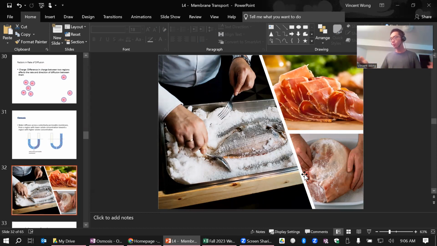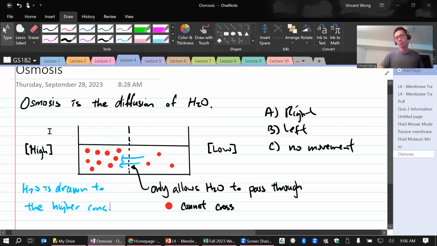Yeah, it removes the excess water, exactly, right? And without water, bacteria is not going to grow, right? So when you put them in salt, it sucks out all the moisture. So that's what osmosis is. Water is going to move towards the saltier side.